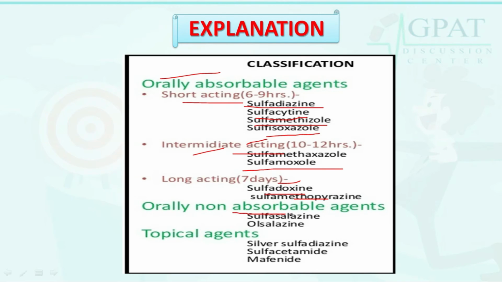Orally non absorbable agents are sulfasalazine and olsalazine, and the sulfonamides used as topical agents are silver sulfadiazine, sulfacetamide and mafenide. So this is the classification of sulfonamides, students. You have to learn this classification. If a question arises from these subclasses, you can attempt it easily.